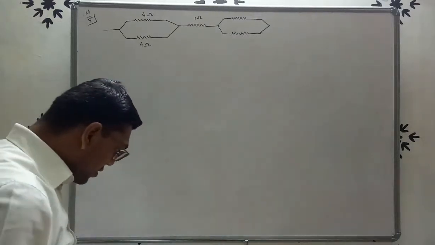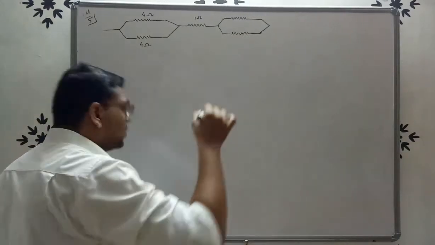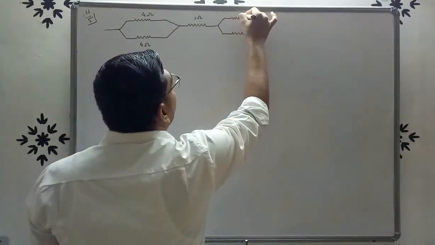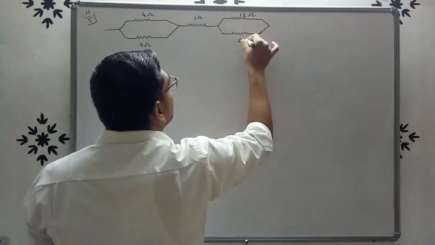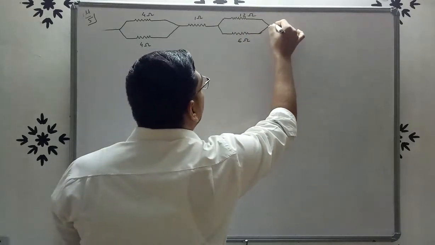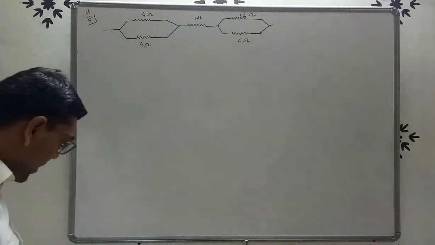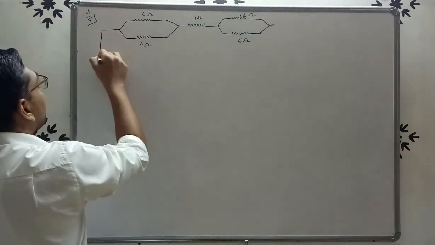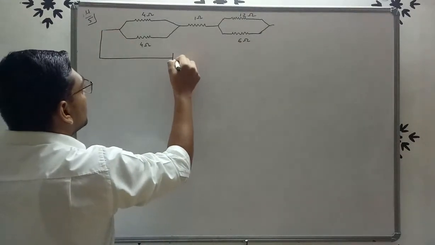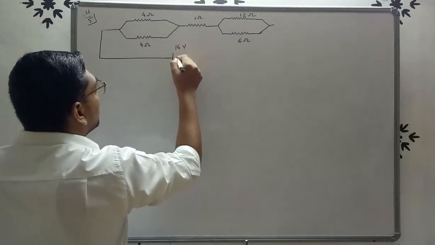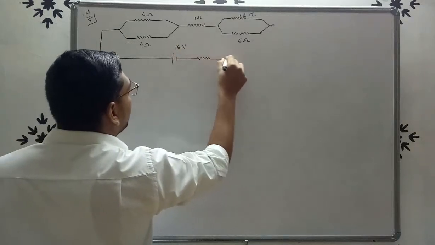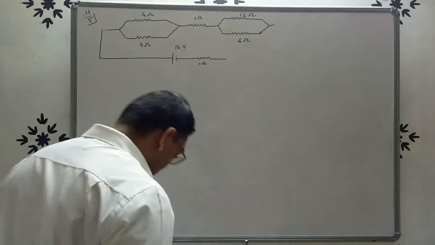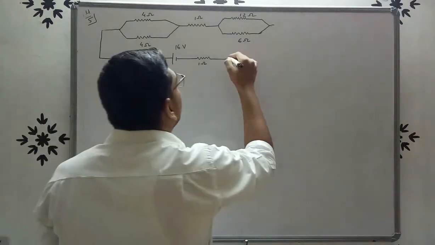This one is 12 ohm and 6 ohm. This is 12 ohm and this is 6 ohm. Right. And this is connected by a 16-volt battery. Like this, here the battery is 16 volt and has an internal resistance of 1 ohm. Right, like this.